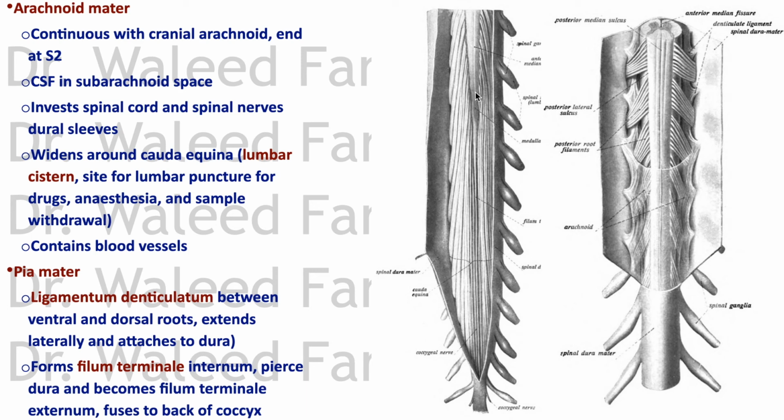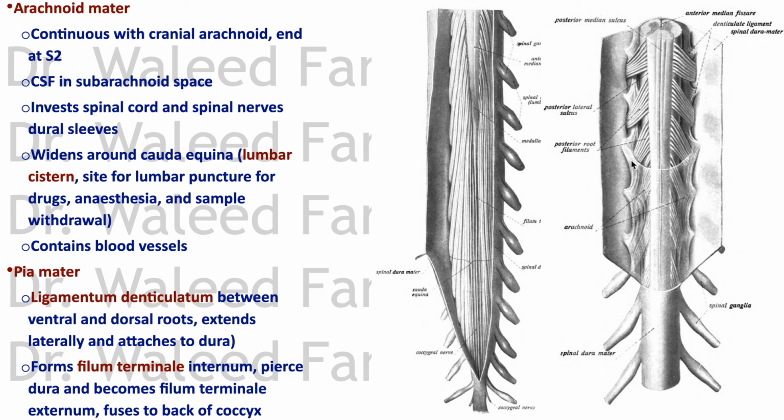Now the pia mater itself forms the ligamentum denticulatum on the lateral side, see that? Between the spinal nerves, and we saw a myelogram before in which the dentations referred to the CSF sleeves around the spinal nerves, because the dura and arachnoid go out with the spinal nerve.